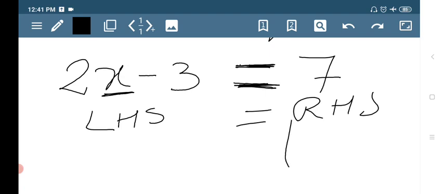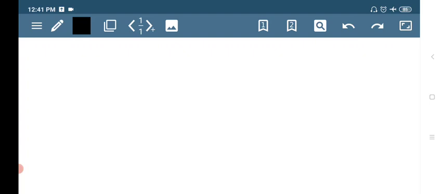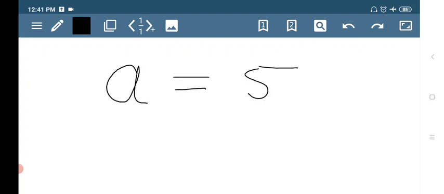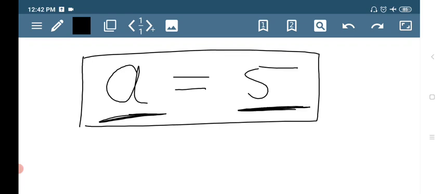I will take one more example. If you have something like a is equals to 5, what do you mean by this? This means that the value of a is 5, isn't it?